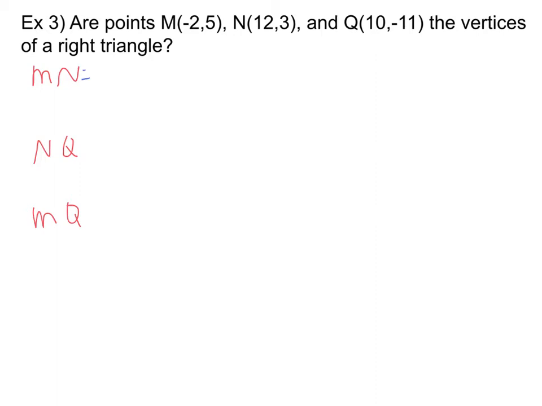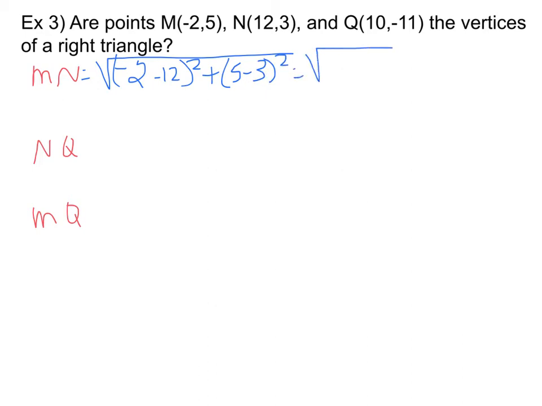If I take M and N, we're going to take the square root of -2 minus 12, that quantity squared, plus 5 minus 3, that squared, and break that down. -2 minus 12 is -14, so I'm going to write that in there.